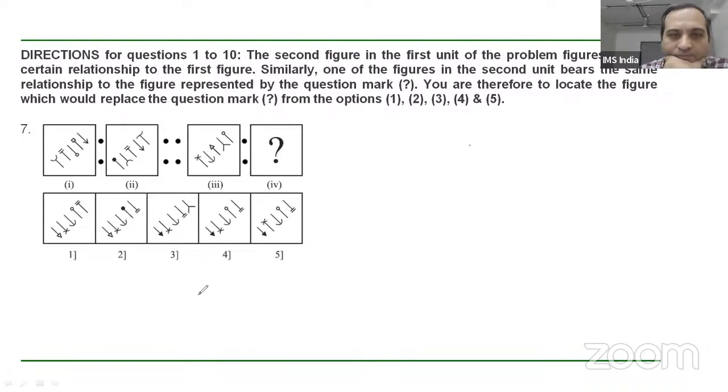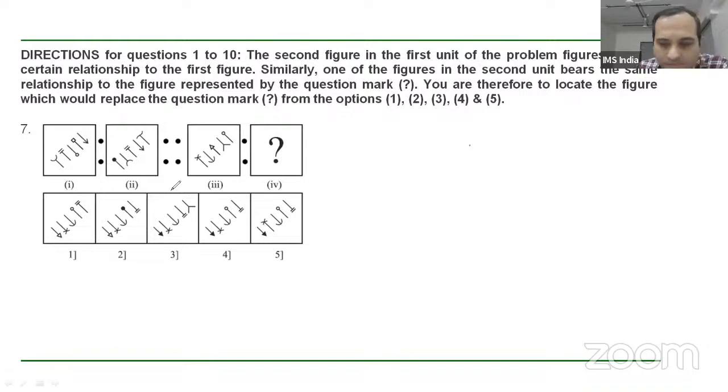Good, Omkar. Good, good. Yes, all are correct up till now. Good. Correct, guys. All are correct up till now.